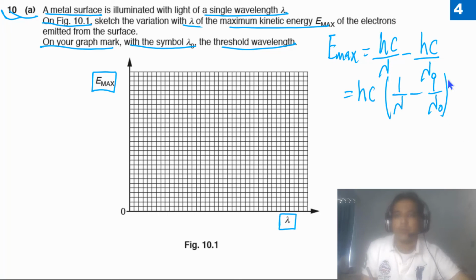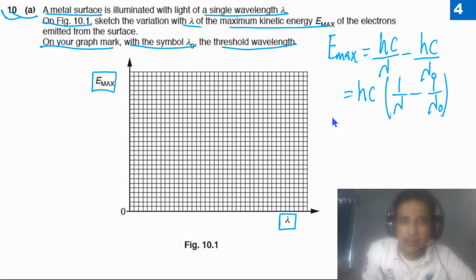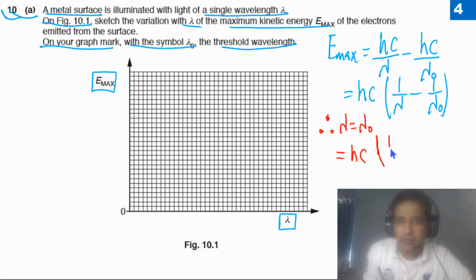First of all, we can look at the first case when lambda is equal to lambda naught. In this case we will have hc times 1 over lambda naught minus 1 over lambda naught. So this will be equal to 0. It means Emax will be equal to 0.